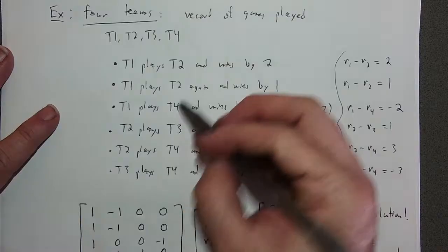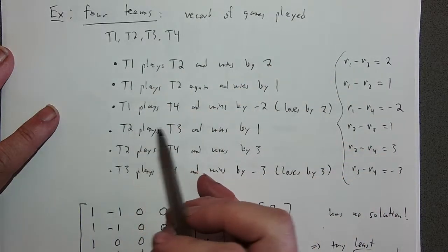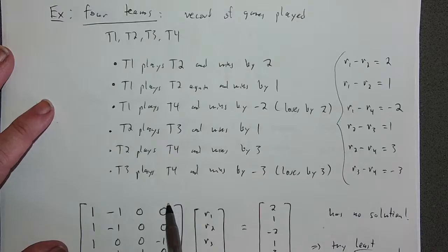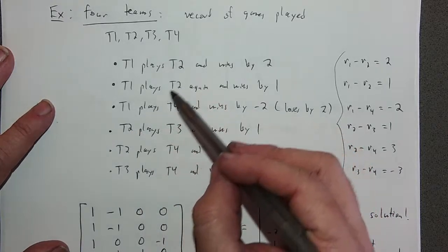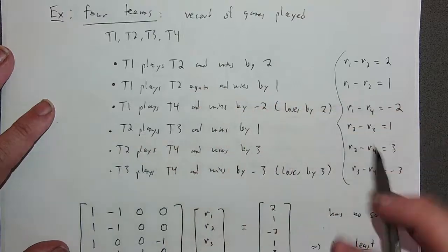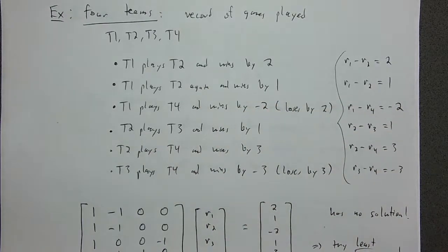Okay, so Team 1 is 2 and 1. Team 2 is 2 and 0. Is that right? No, Team 2 is 2 and 2. Sorry.